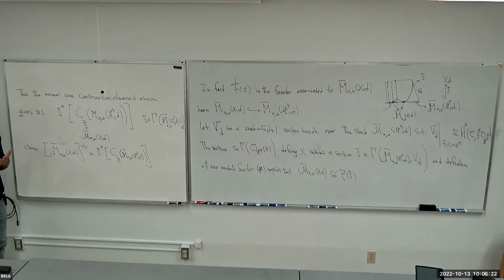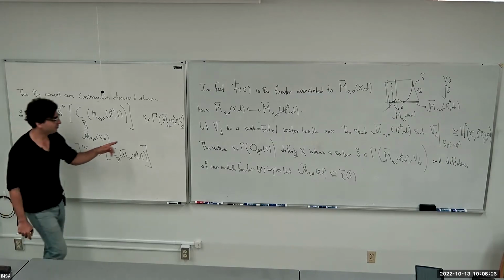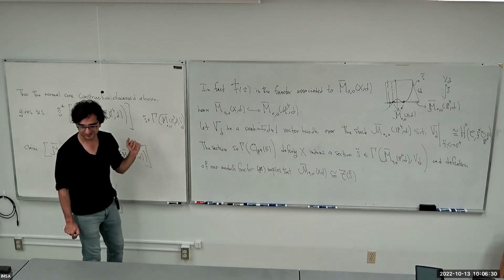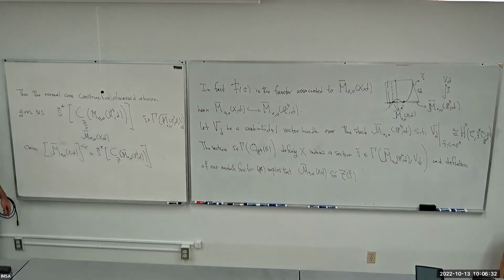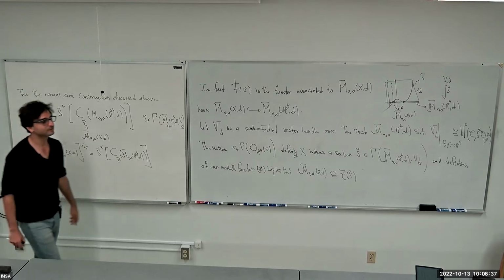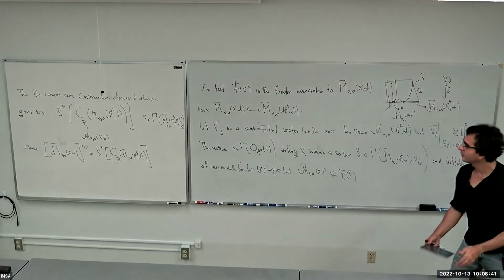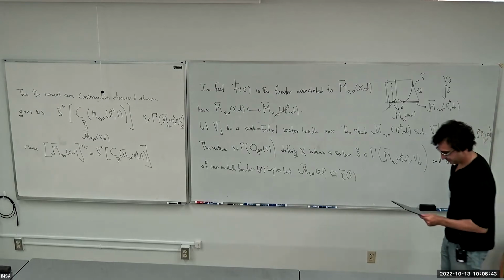And why did I choose M00P4? P4 is a convex variety. So when I use 0,0, it's a smooth space, so it's nice. Okay, so that's basically that.